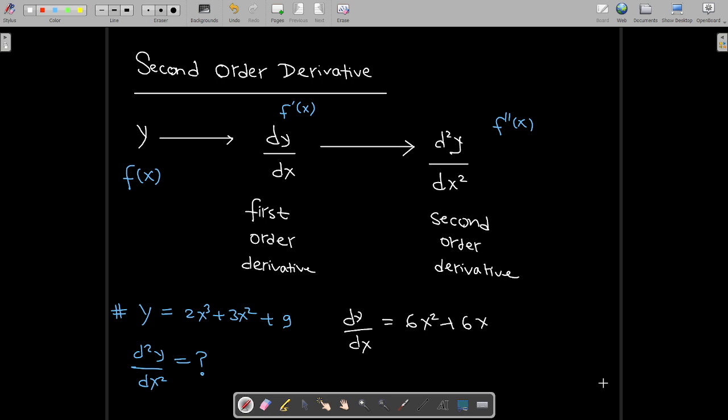This one would be differentiating dy by dx again. You would get 12x plus 6. Is that what you got?